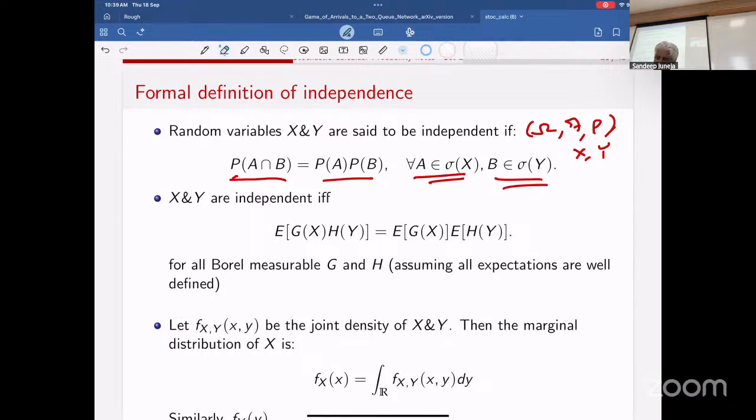But this should be defined with an underlying space here. So sigma x is a sub-sigma algebra of F. Sigma y is also a sub-sigma algebra of F. Sigma of x and y is also a sub-sigma algebra of F.